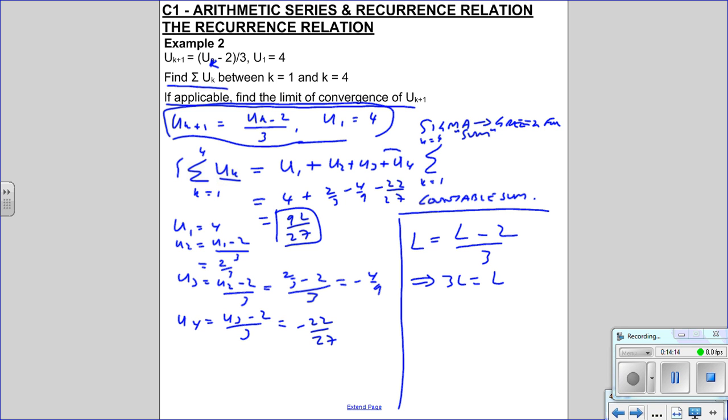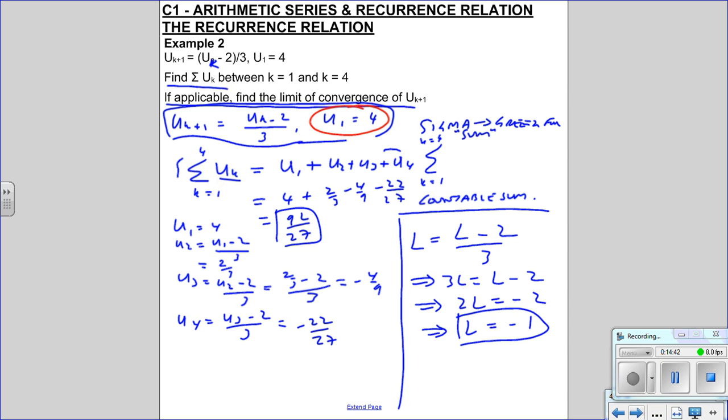Well, if we times both sides by 3, bring the L over, I get L equals minus 1, i.e. this thing will converge to minus 1. You can test this in your calculator now. Let's do that answer button trick again. So if you press 4 equals, because your first term is 4, and then you put that into your uk minus 2, so answer minus 2 divided by 3, press equals, you get your 2/3.